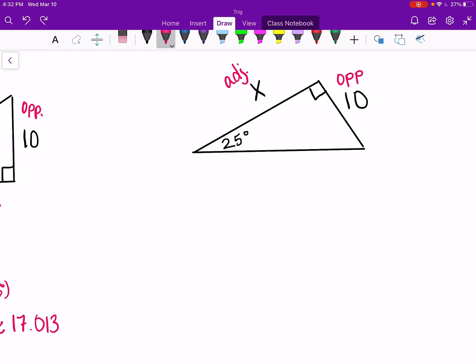So I want the trig ratio that deals with the opposite side and the adjacent side, which is tangent. Tangent is opposite over adjacent. So the tangent of 25 degrees has to equal 10 over x. That's my opposite over adjacent.